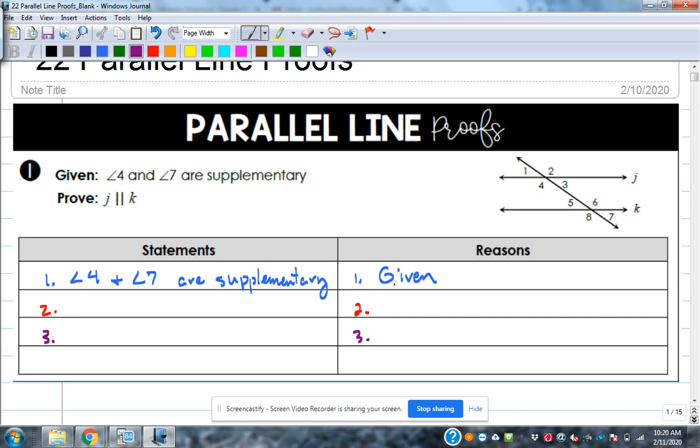All right. So, seeing vertical angles can't prove it that way. We can't say corresponding angles are congruent because we don't know if the lines are parallel yet. They look it, but we don't have a proof that says they are. So, I think you're on the right track with the linear pair, though. We just need to do a different linear pair.